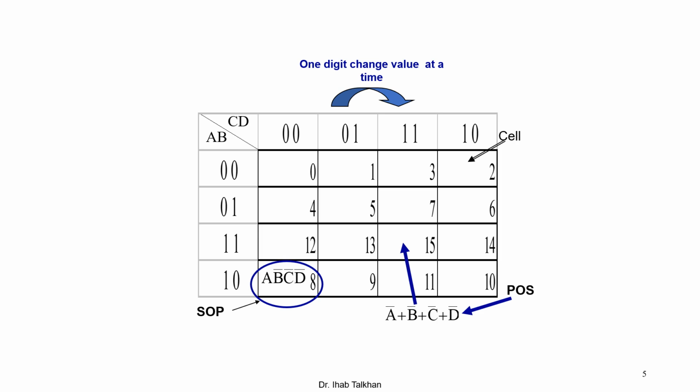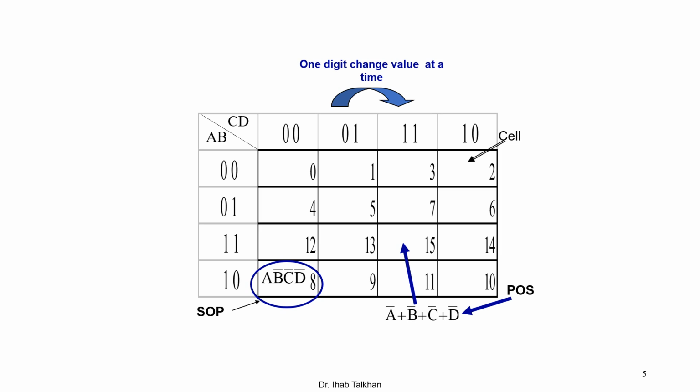This slide shows you the four-variable K-map. As you can see, we have A, B, C, D, and if you remember the video, you have to go from left to right: A, B, C. A will be your most significant, and D will be your least significant.